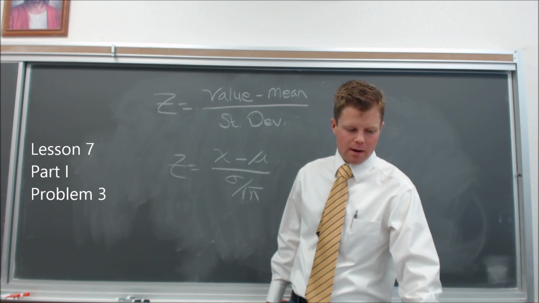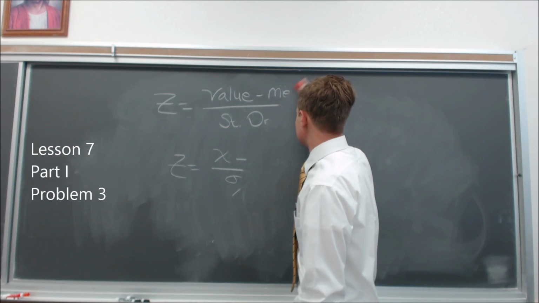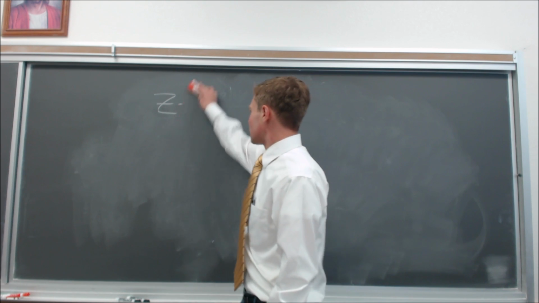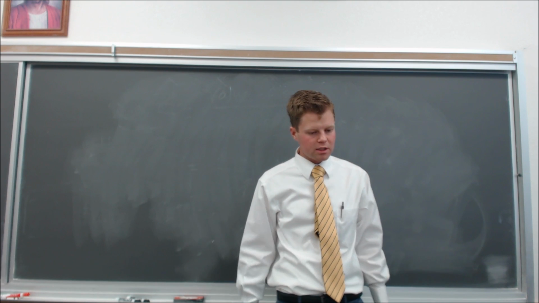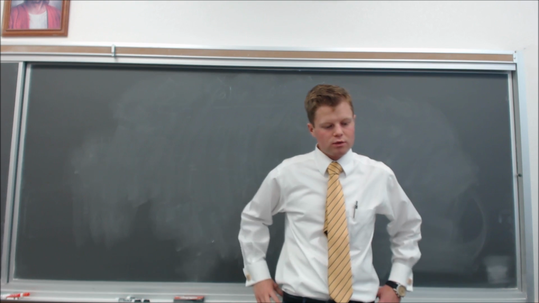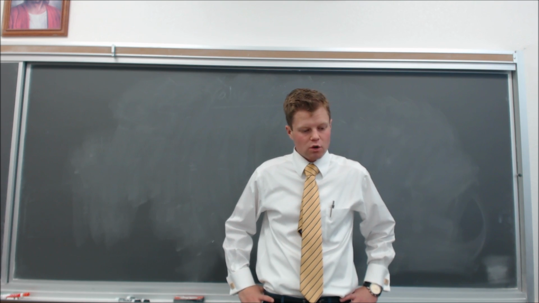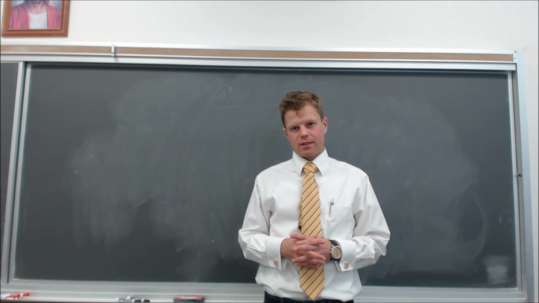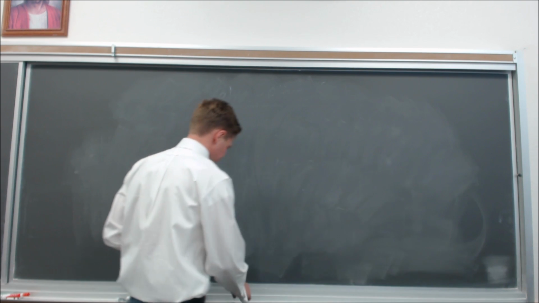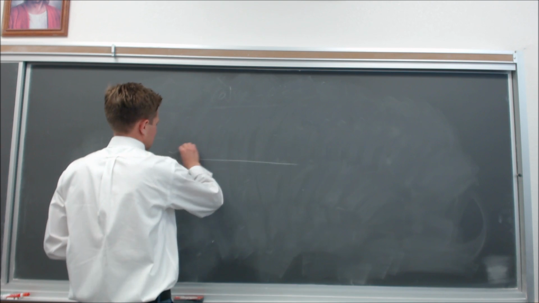Question 3. Suppose a normally distributed population has a mean mu equals 10 and a population standard deviation sigma equals 5. So what is the probability the outcome is between 5 and 15? Okay, so I'm going to just write this up real quick so you can visualize this on a normal chart.